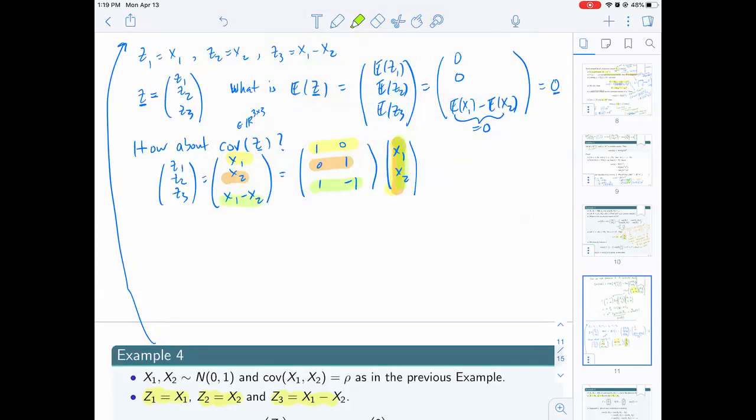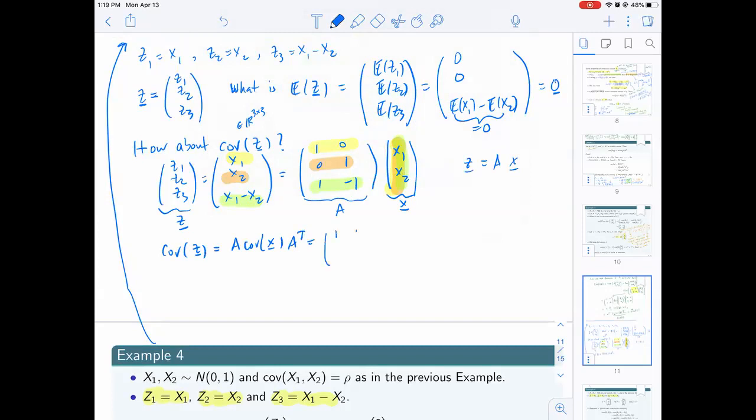So that's how we write it, and now we have it in the form that we like. This is A, this is X, this is Z. So I've written Z as A times X. Then the covariance of Z is equal to A times covariance of X times A transpose.